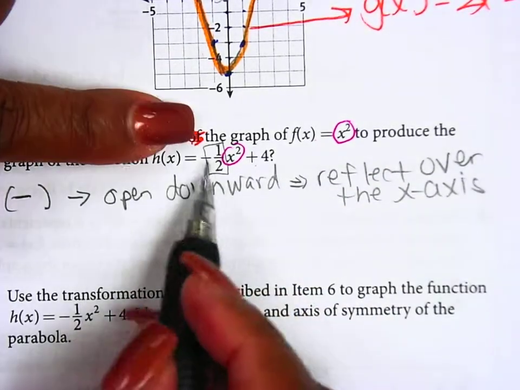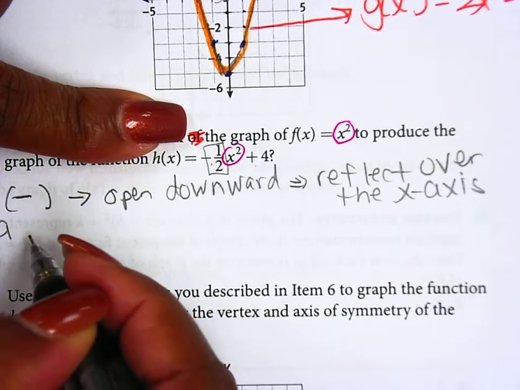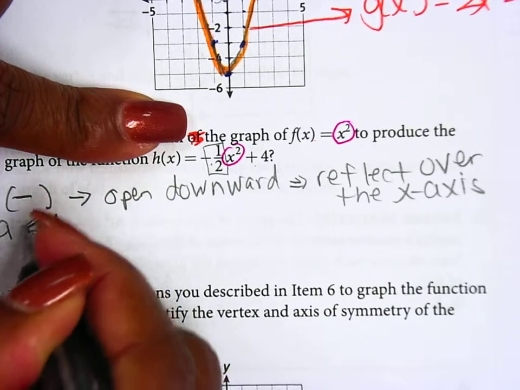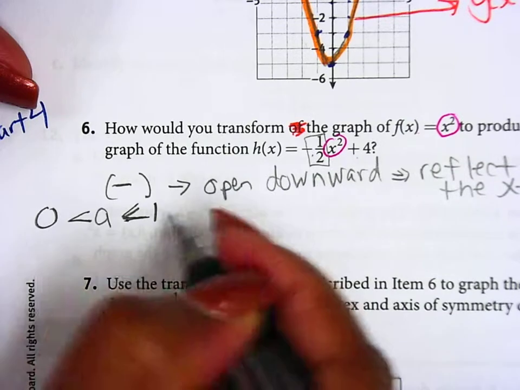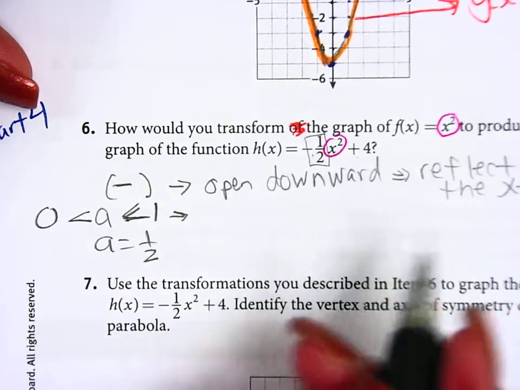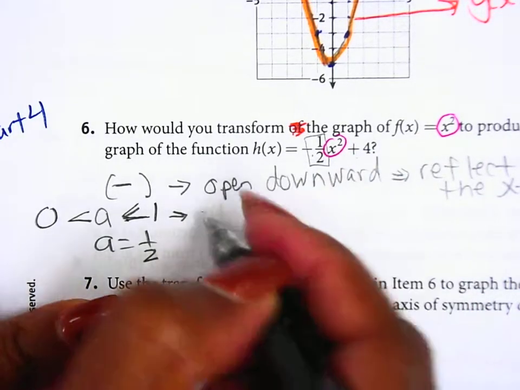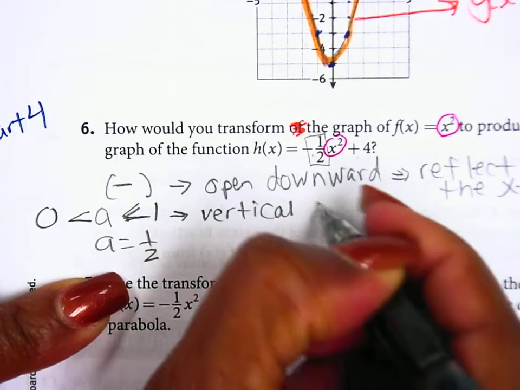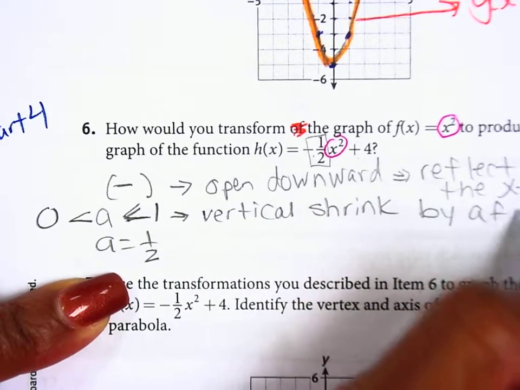Now we're going to say that a is less than 1, but greater than 0, because a equals 1/2. So we know that this is going to be a vertical shrink by a factor of 1/2.